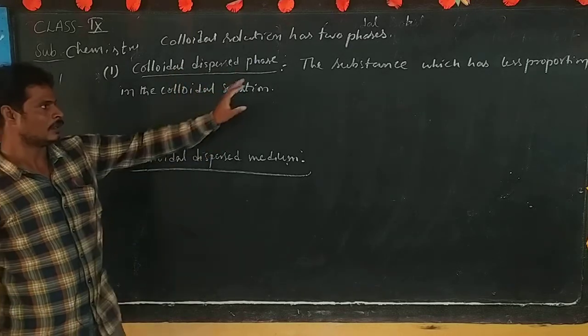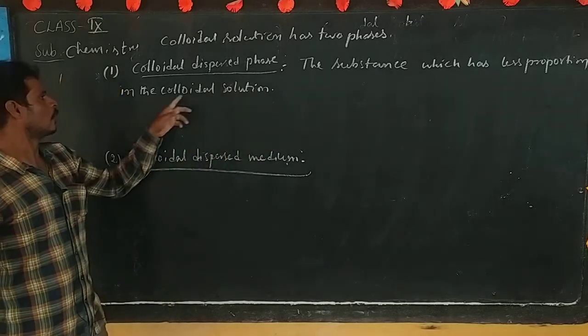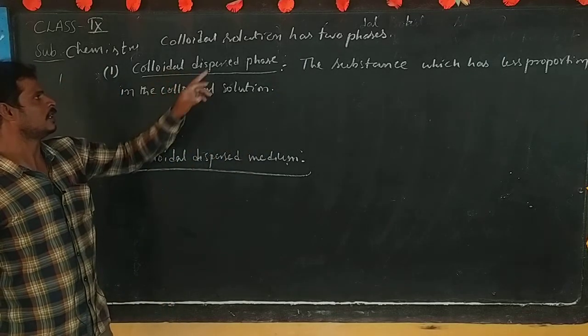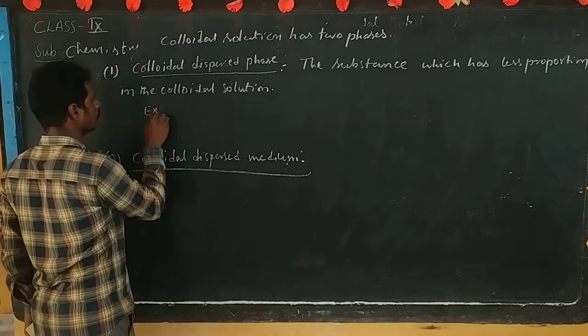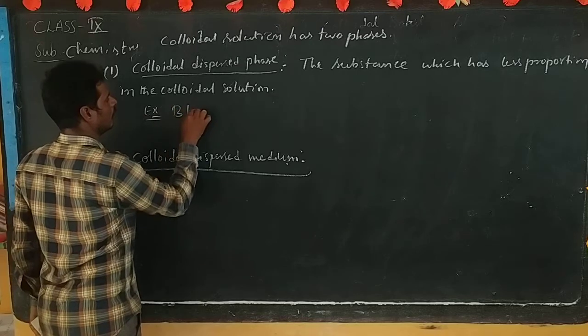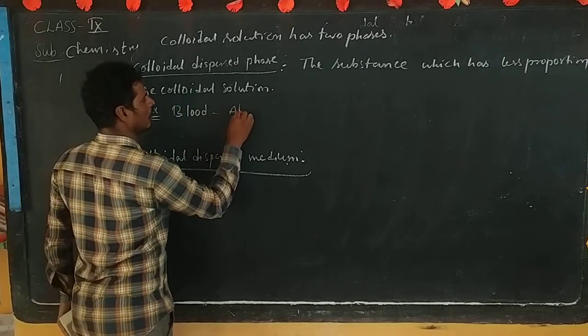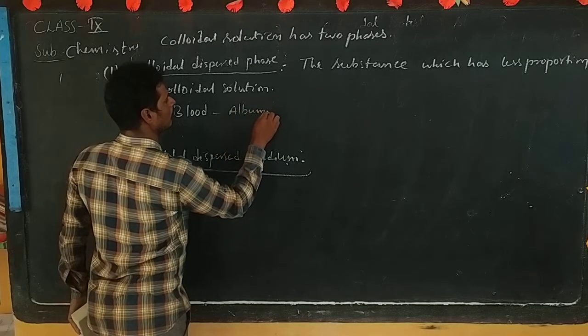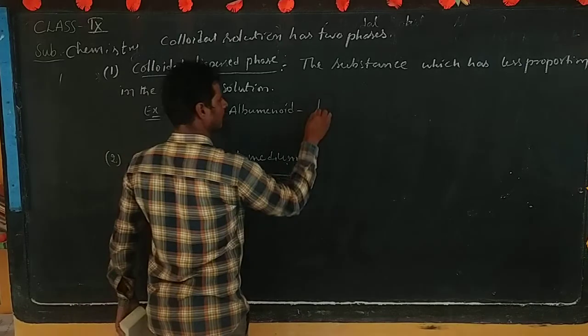Very important: the substance which has less proportion in the colloidal solution is called the colloidal dispersed phase. Example: blood containing albuminoid. It is the dispersed phase.